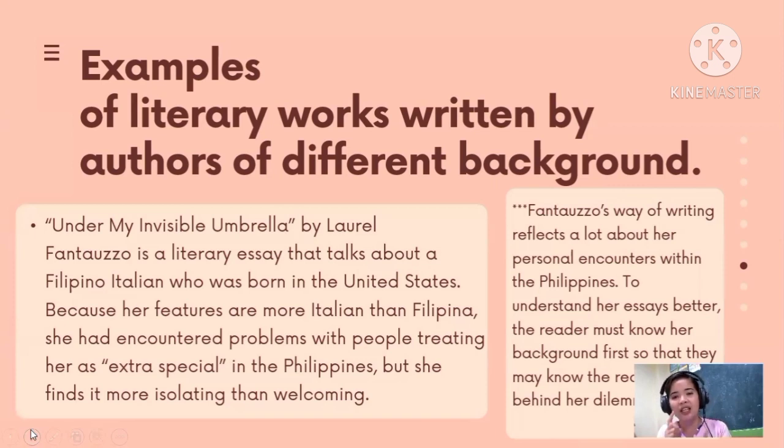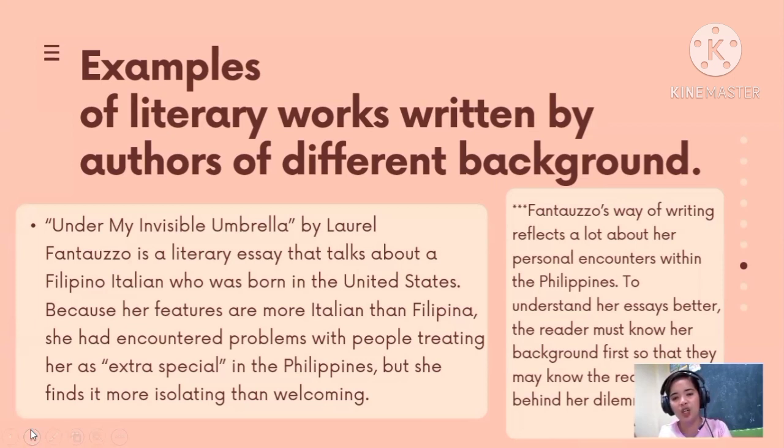That's why this encountered experience of Laurel Fantauso is reflected in the story of Under My Invisible Umbrella. Being a Filipino-Italian who was born in the United States, and especially because of the physical features, she experienced being like an alien to a certain country.